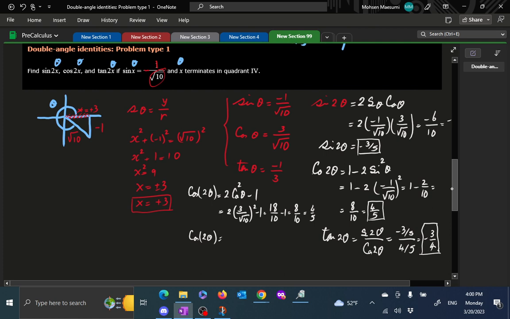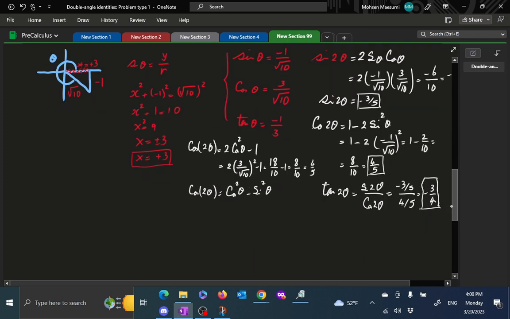It's not just these. So cosine of 2 theta, I could have used this identity instead of that. I could have used cosine square of theta minus sine square of theta. Practice all of them because each of them has a flavor of its own and comes in handy in its own place. So cosine is this.